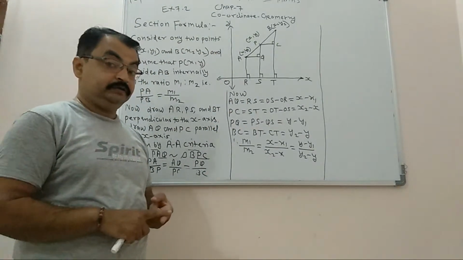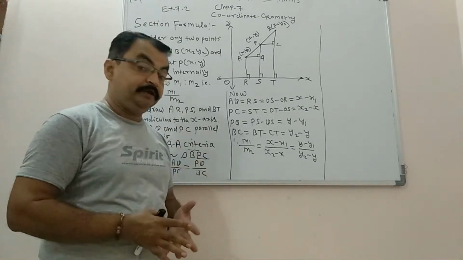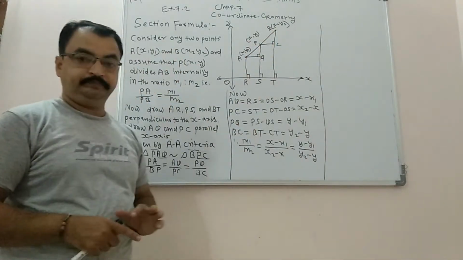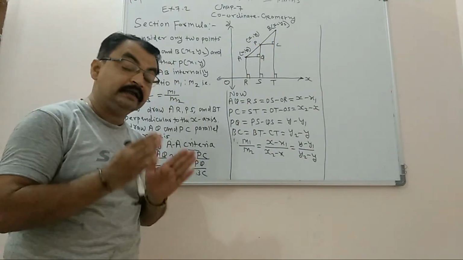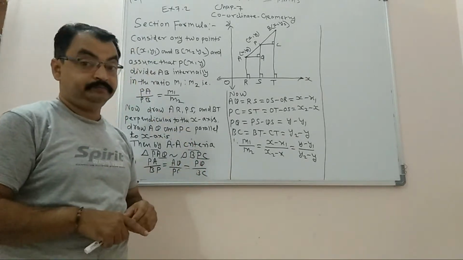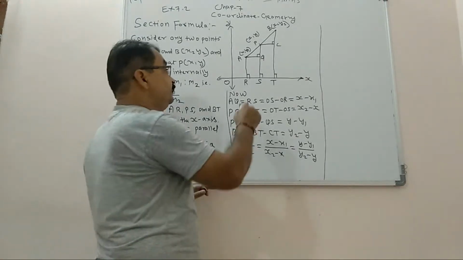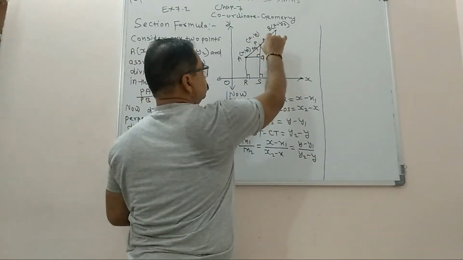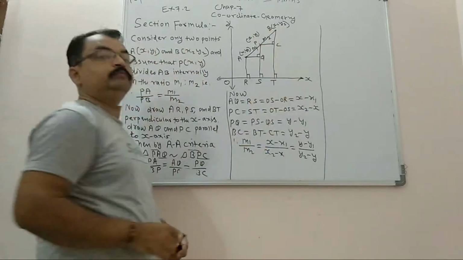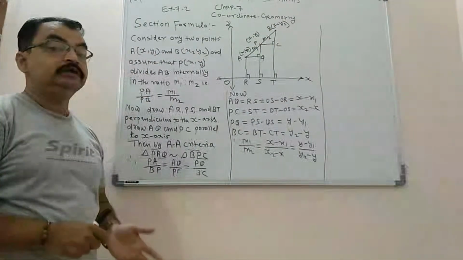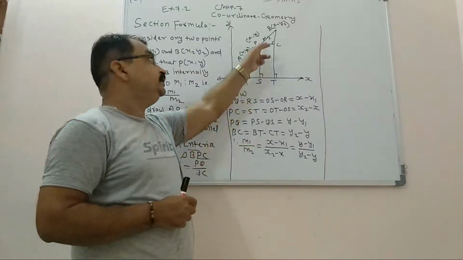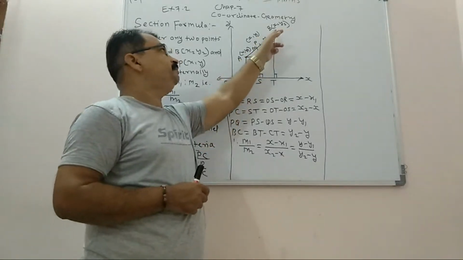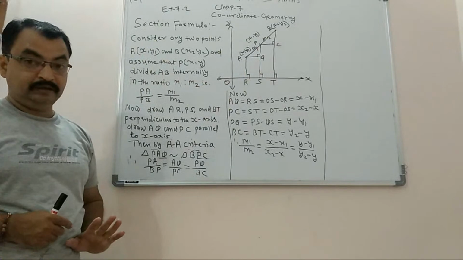So the point P, let its coordinates be x, y, divides the line segment AB in two different parts. Take the ratio, or you can say two different ratios, say M1 and M2, or M1 is to M2. So P divides AB into the first part AP as M1 and the second part PB as M2. Right?